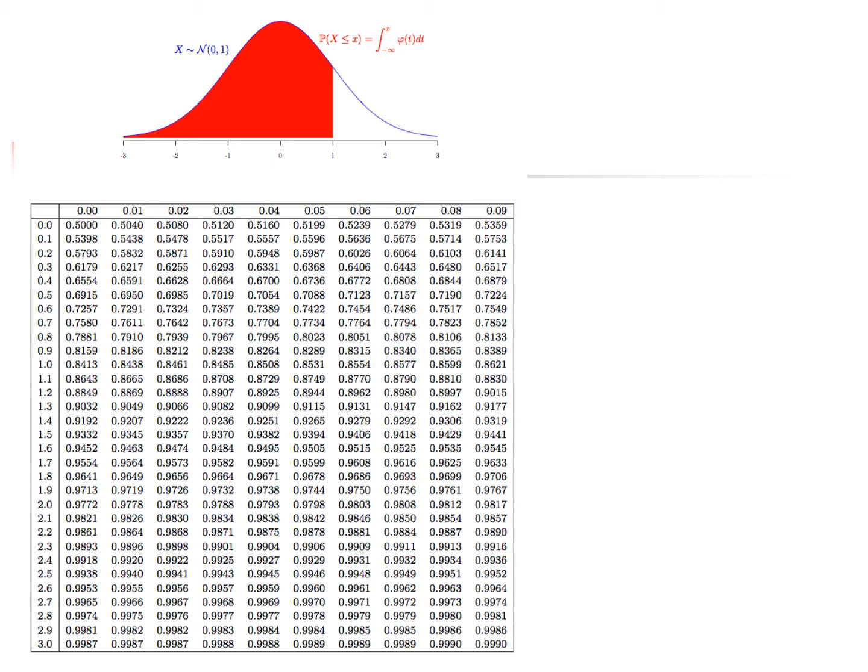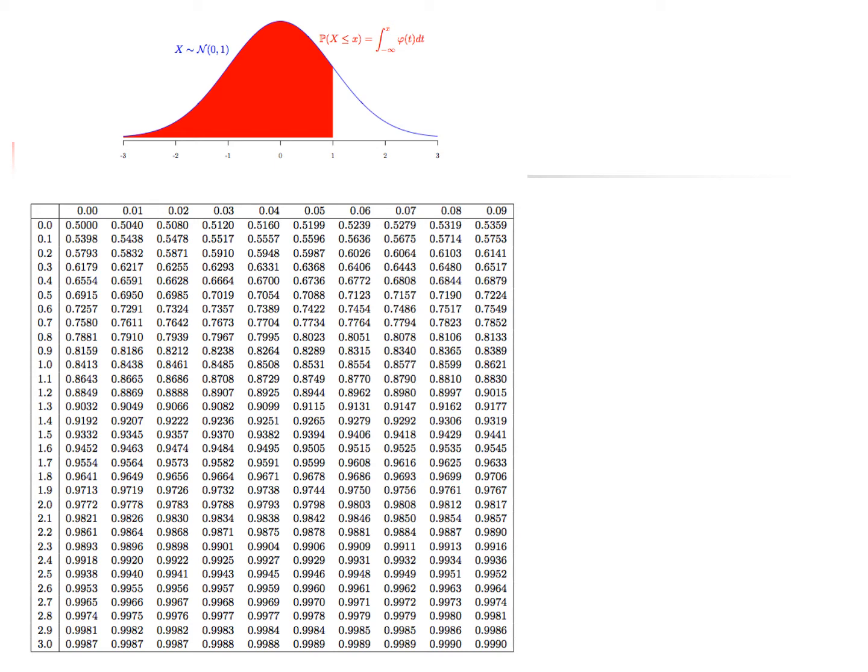So we start in that leftmost column and go down until we get to 1.0. That gets us to the 10th place. We then need to go over to the 100th place, moving to the right. We actually just need 1.00. So we go 1.00, and that's 0.8413. That table is telling us there's an 84% chance of getting a 1 or less on this particular exam.